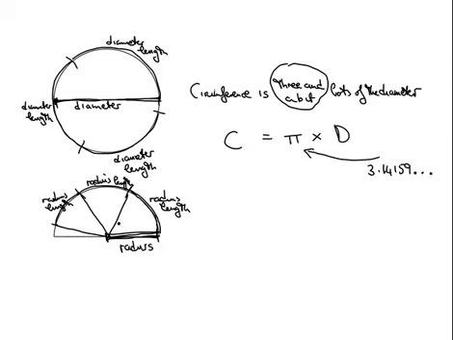And here, this angle here, this is what 1 radian is. So there's another 1 radian here, and there's another 1 radian here. So we've got 3 radians and a bit of a radian.